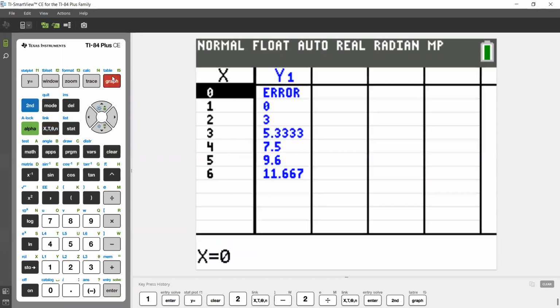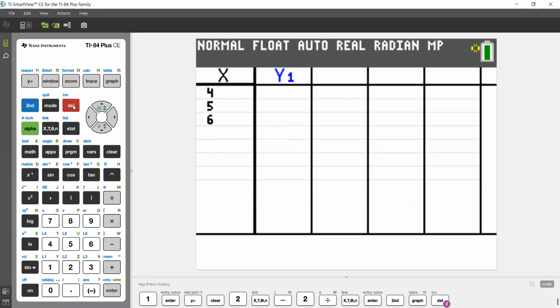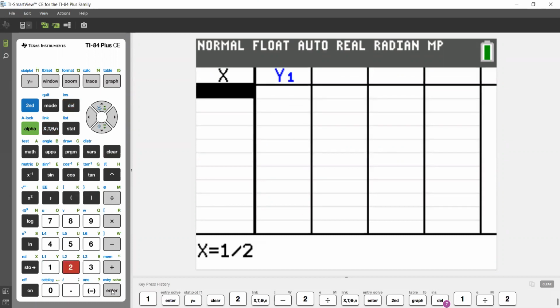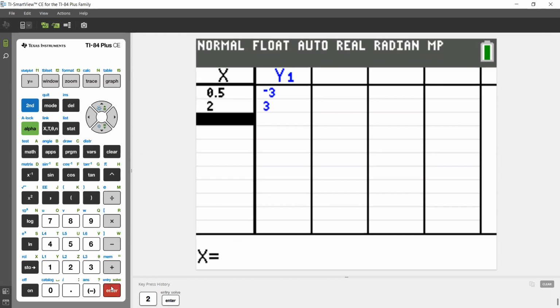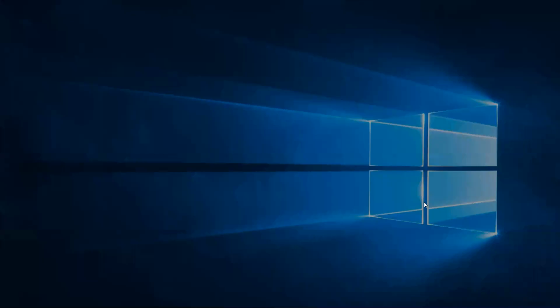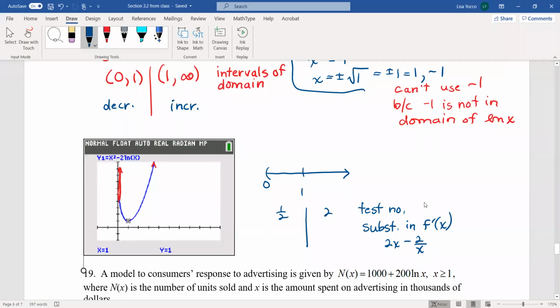If I go to my table, I put in 1/2 and 2. That should agree with what we saw on our paper. In the first interval, the derivative is negative, and on the second interval, the derivative is positive. So negative here, positive here.